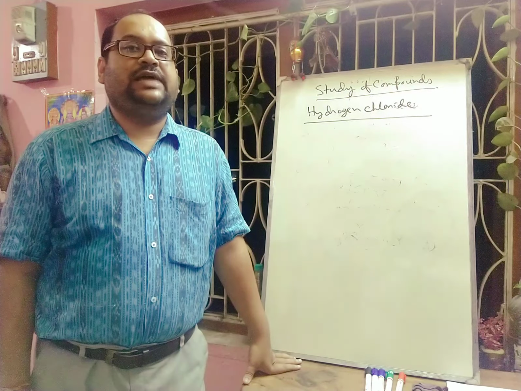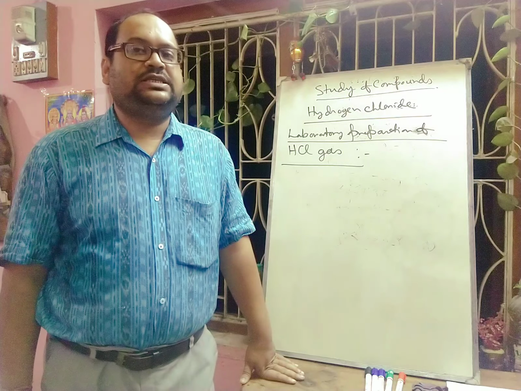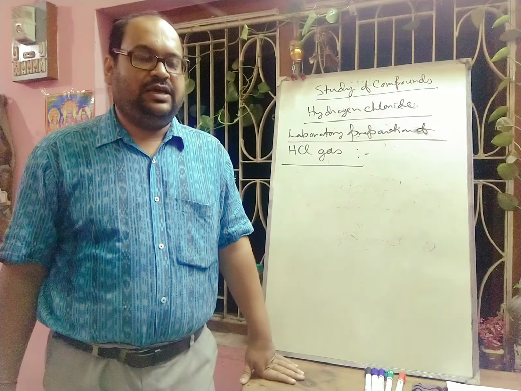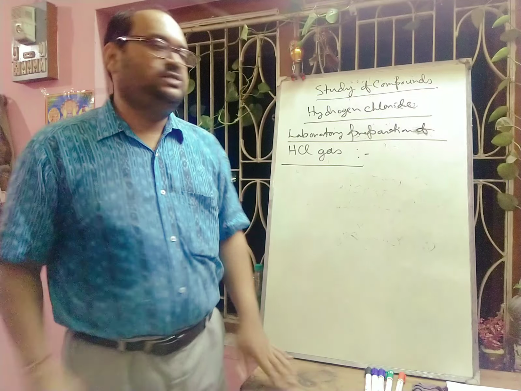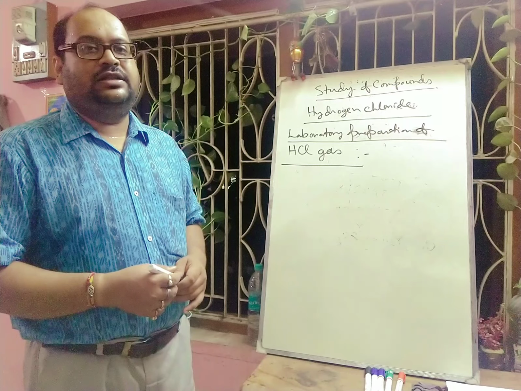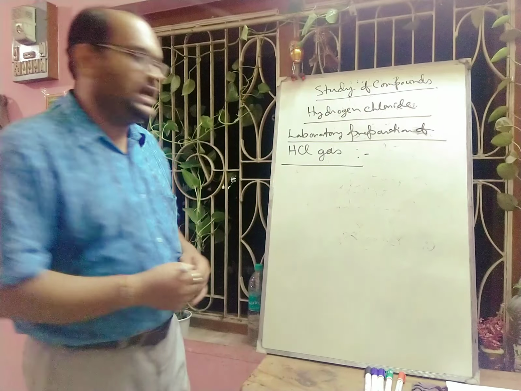In the laboratory, HCl gas is prepared by heating common salt, that is NaCl, with concentrated sulfuric acid. Here the reactants are sodium chloride, generally taken in the round bottom flask, and concentrated sulfuric acid that is added through the thistle funnel. Next we will write the reaction, then you can easily understand how that HCl gas is formed.